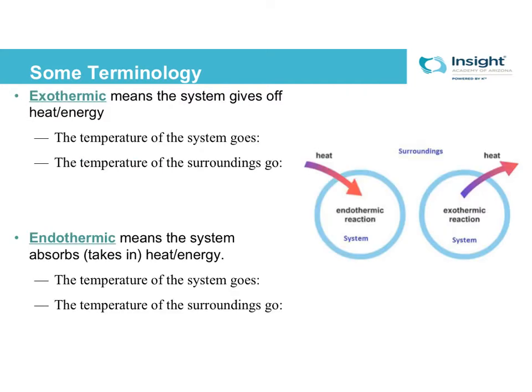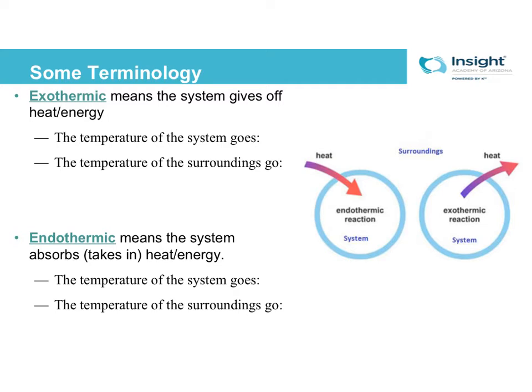All right, and with this, processes can be categorized in one of two ways. There can be an exothermic process, meaning that your system, the molecules that are undergoing some sort of reaction or change, give off energy.